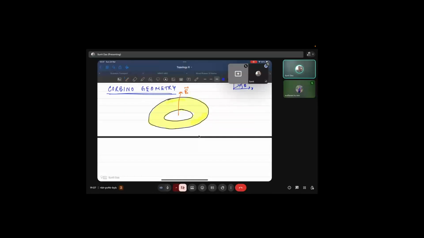And then you apply the magnetic field along the z direction. The disk is in the xy plane, and B is parallel to the z direction. With this coordinate system x, y, and z cap, any point in the disk you can represent by r and theta, right?